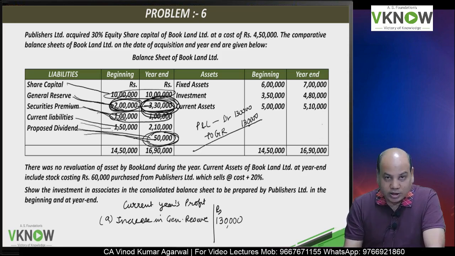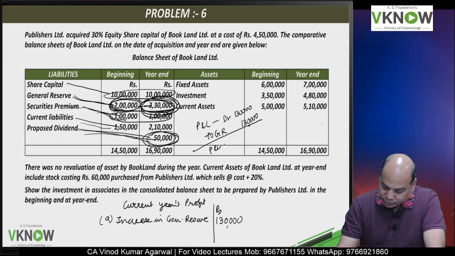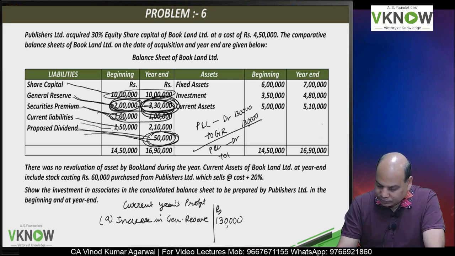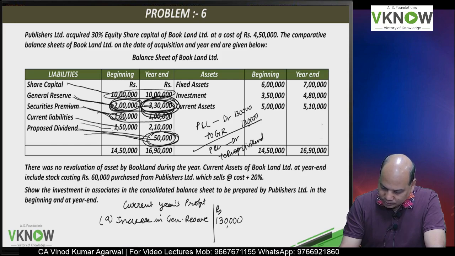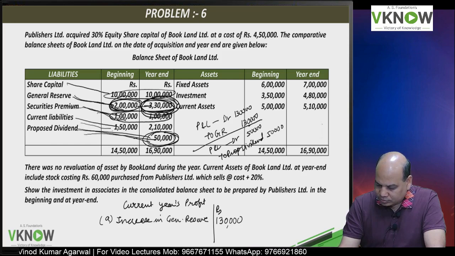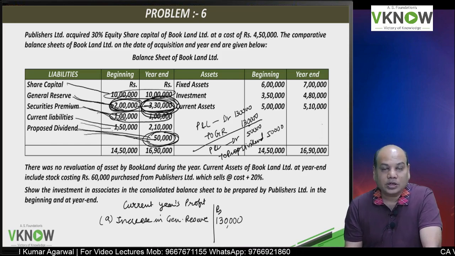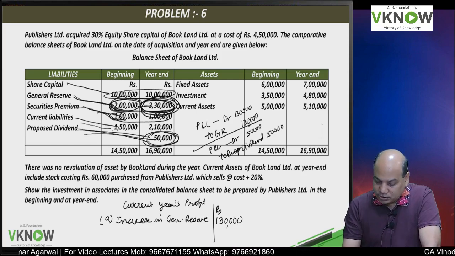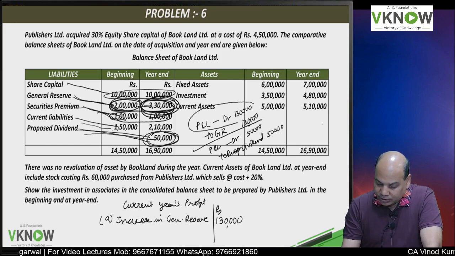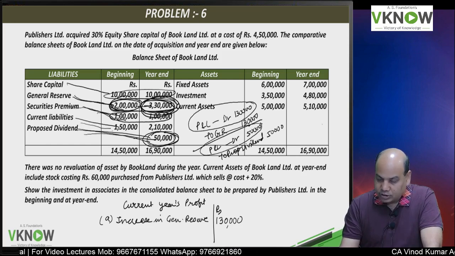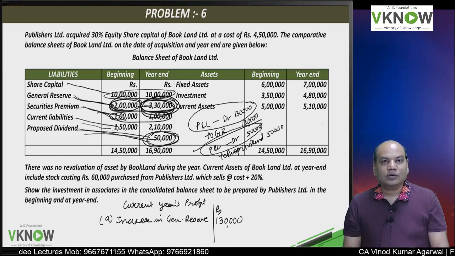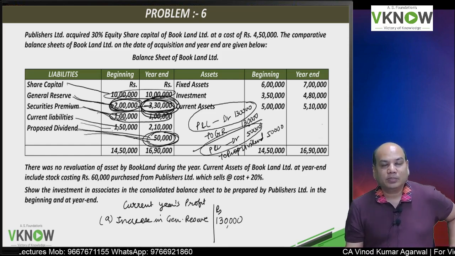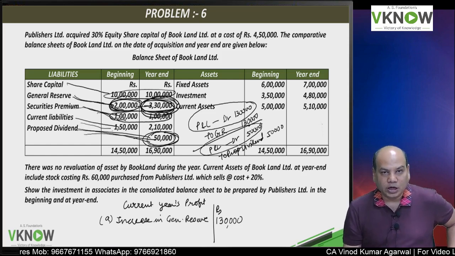How does proposed dividend appear in the balance sheet? P&L account debit to proposed dividend 50,000. But P&L account is not in the balance sheet, which means whatever profit they have earned, they have either transferred to general reserve or made provision for proposed dividend out of it.